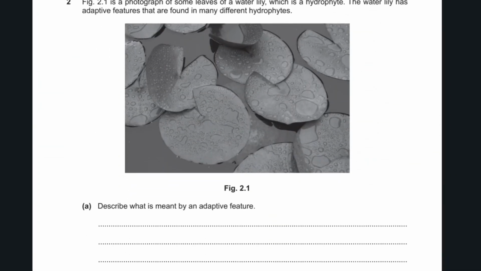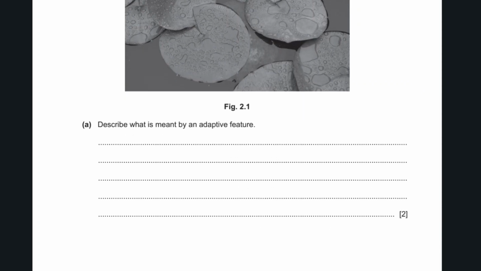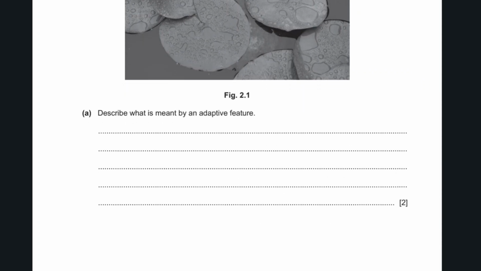Here they have shown a water lily plant, which is a hydrophyte. Hydrophyte means it is adapted to live in the water. Describe what is meant by the term adaptive features. You can see they can float on the water surface, so it has some adaptive features. But what are adaptive features?